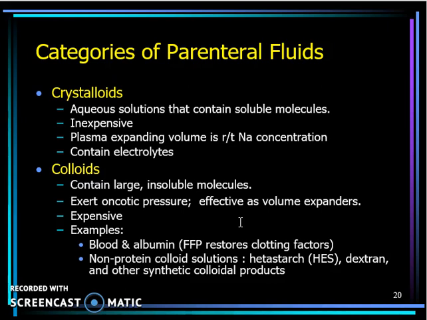An example is albumin, a thicker, heavier, larger molecule, and they tend to draw fluid in from the interstitial space into your blood vessels. Hespan, also called hetastarch, dextran, fresh frozen plasma, all of those have larger molecules, so they do a fantastic job of pulling the fluid in.